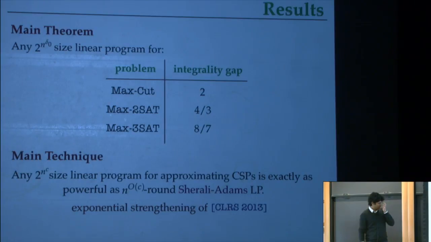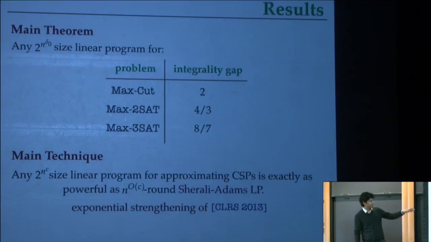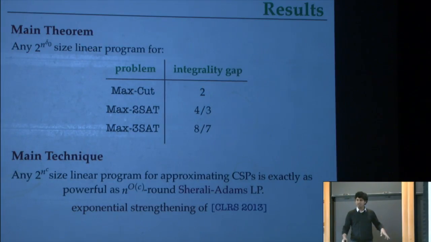Just to make this point precise, this relationship was first noticed, and in fact that's the main punch of this really great paper of Chan, Lee, Raghavendra, and David. They showed that any n to the log n size linear program is no more powerful than a similar size Sherali Adams linear program.